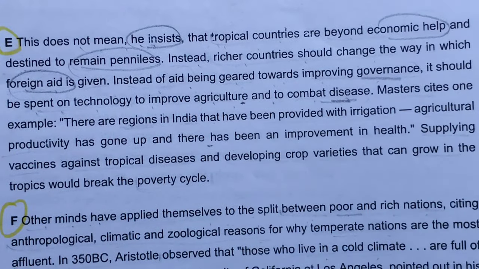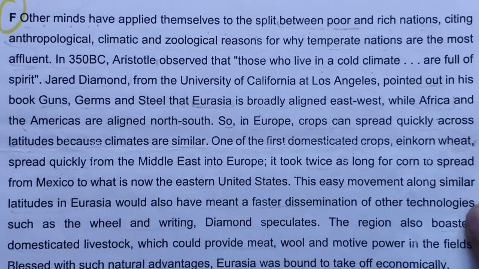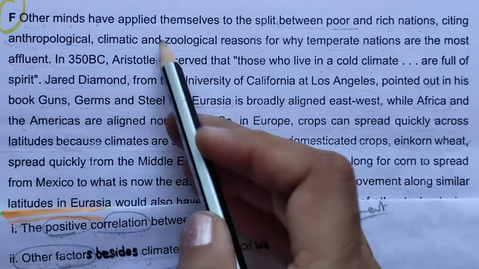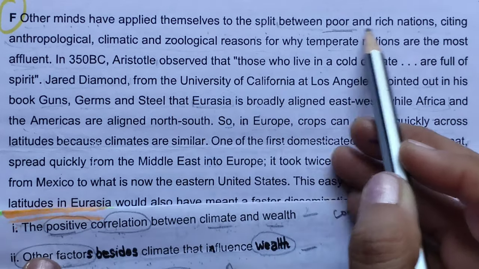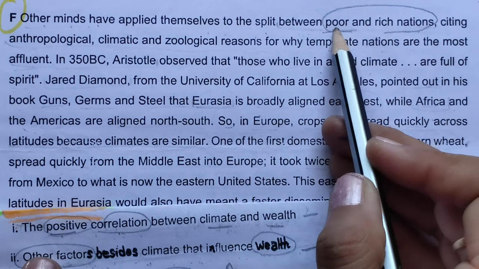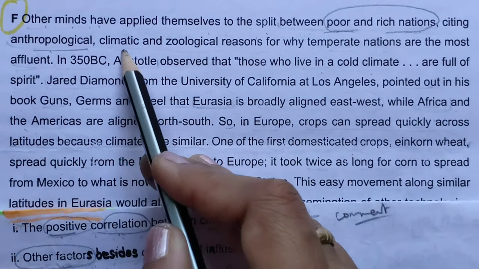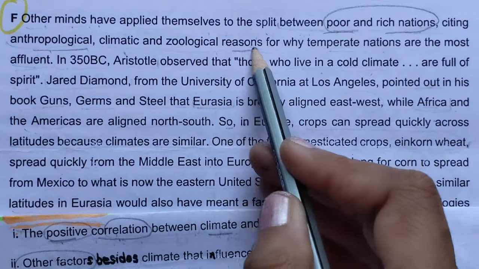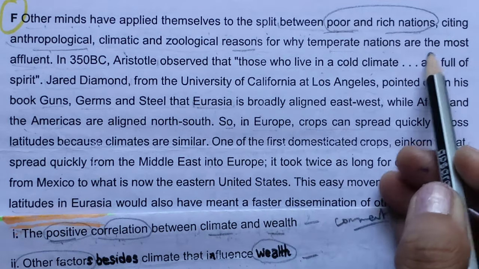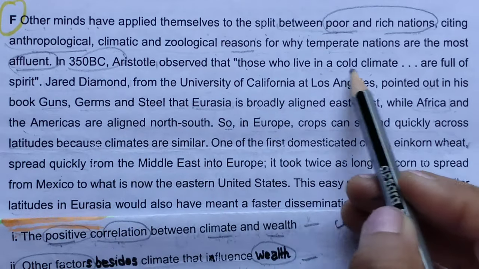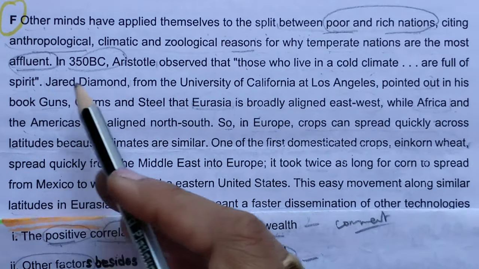After that we have F number paragraph. This is also a longer paragraph, you can see. Other minds have applied themselves to the split between poor and rich nations. So everywhere they are just talking about poor and rich nations, citing anthropological, climate and zoological reasons for why temperate nations are the most affluent. Those in a cold climate are full of spirit.